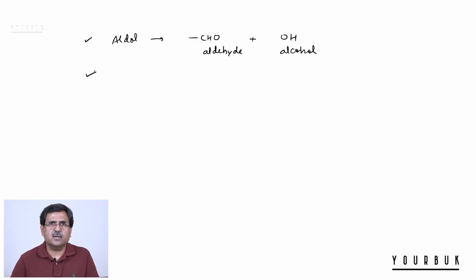Then the fifth point is it's a condensation. Now condensation is a reaction involving two aldehydes or two ketones with the loss of water or without loss of water.